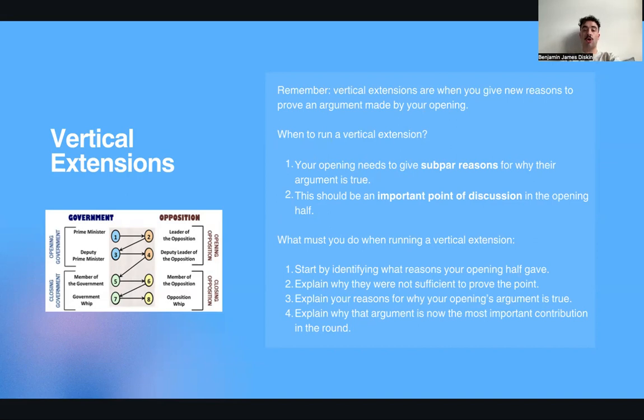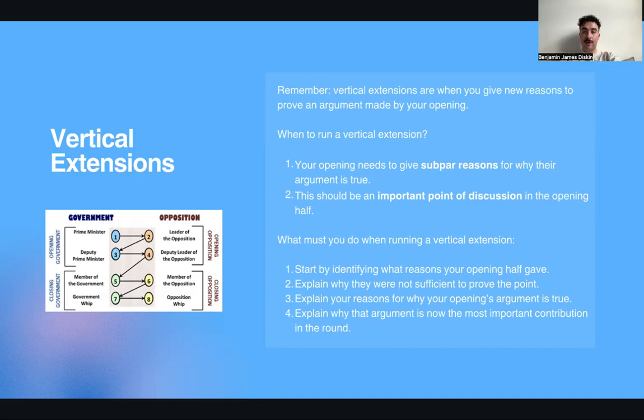And then you would go, the reasons that opening government gave for this argument were, and then you would list them. The second thing you would do is you would explain why they were not sufficient to prove the point or to have the adjudicator believe the claim.